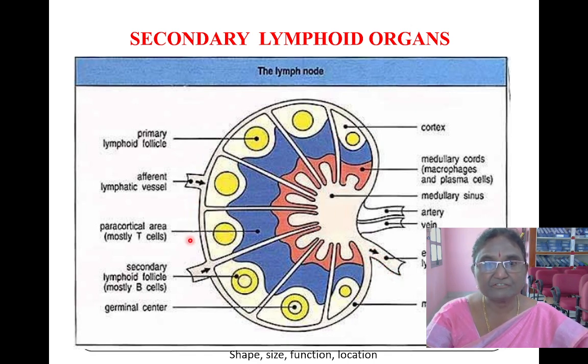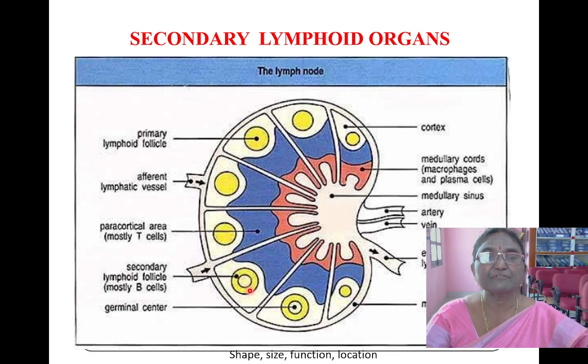This structure is divisible into three regions, namely the outer cortex, middle paracortex and inner medulla. The outer cortex contains B cells. These B cells are gathered into bundles or groups. That group is known as a primary follicle.